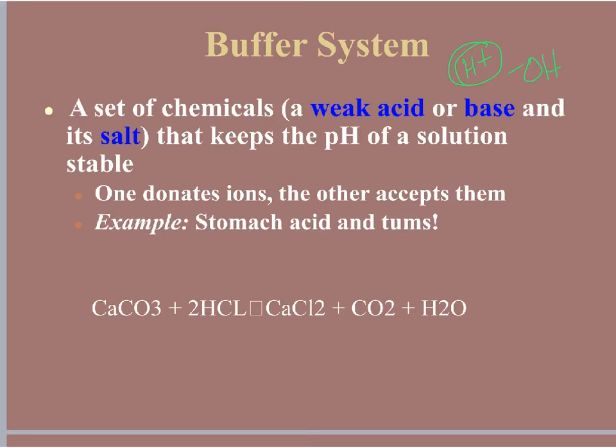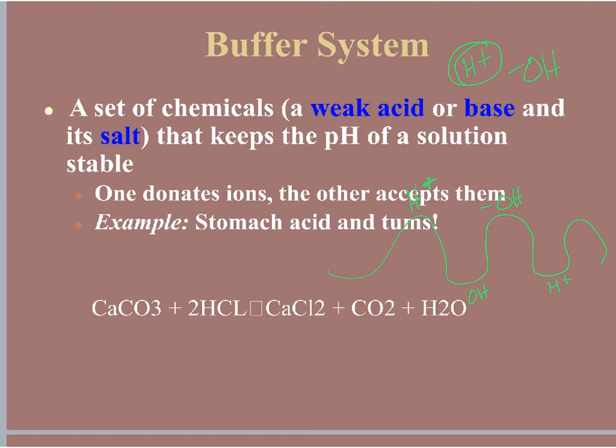So you would think in living systems, when these chemical reactions occur, you'd have wild swings in pH, where during one chemical reaction you have a whole lot of hydrogen ions and not as many hydroxide ions, and at another time you might have a lot of hydroxide ions and fewer hydrogen ions.